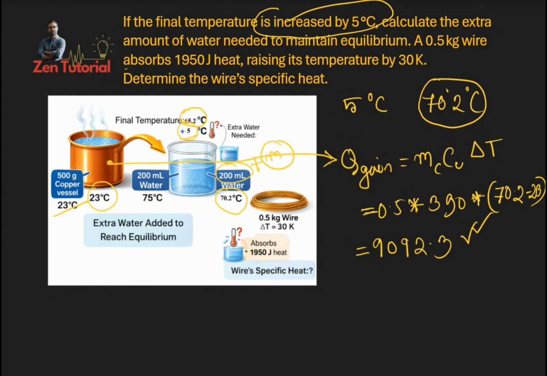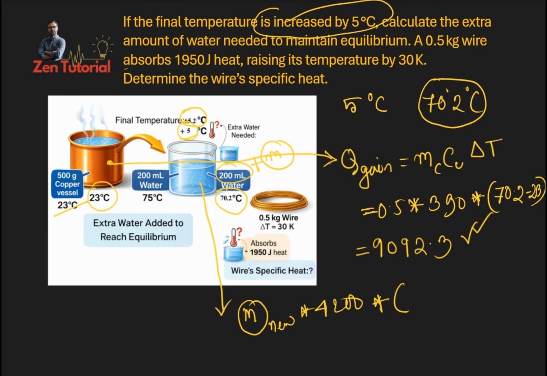Now the heat lost by the water is again m, and by the way, this time we have to use the new mass, m new, times 4200, and the temperature difference.